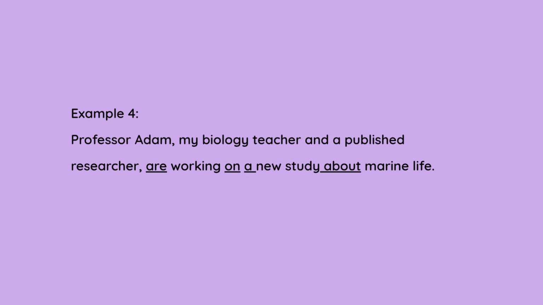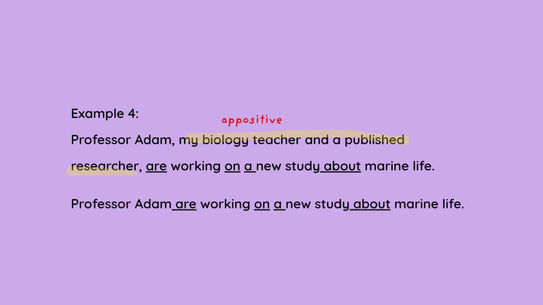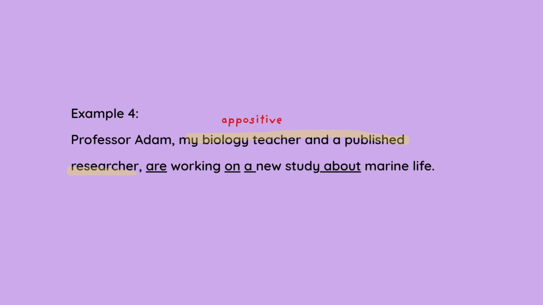Look at example 4. We see commas here. Remember, when we remove a non-essential appositive, the sentence should still be complete and make sense on its own. So, if we remove the appositive, the sentence becomes, Professor Adam are working on a new study about marine life. Now we have found the subject. Professor Adam is singular, so the verb must also be singular.